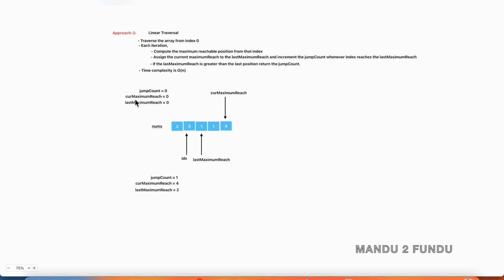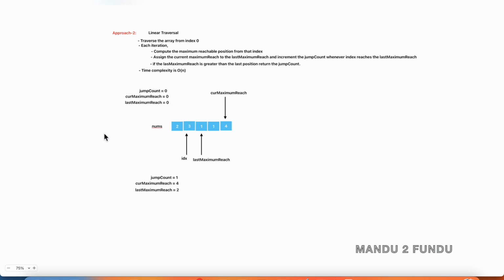This variable keeps track of how far we can jump from any given index. For example, in this case the index is 1, so from here the jump length is 3, so we can reach all the way up to this point. That's why the current maximum reach is 4.